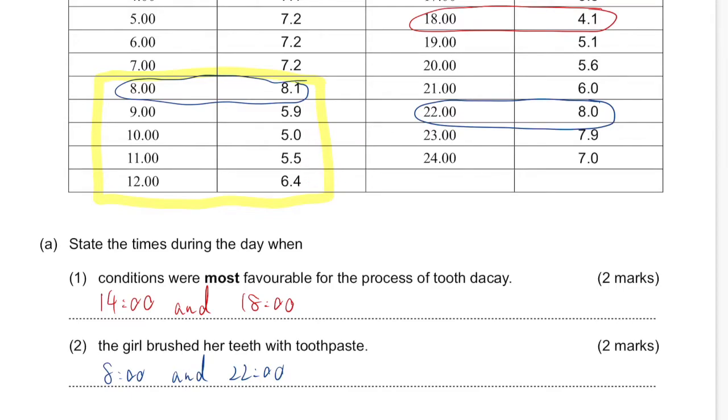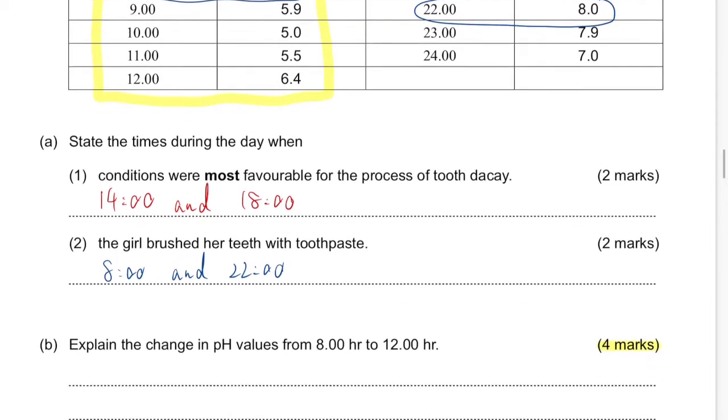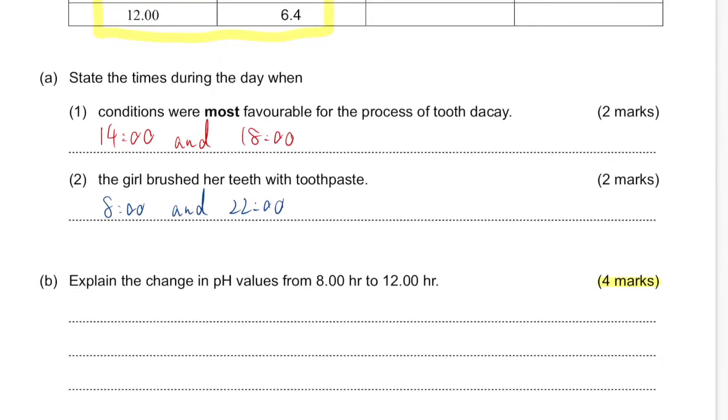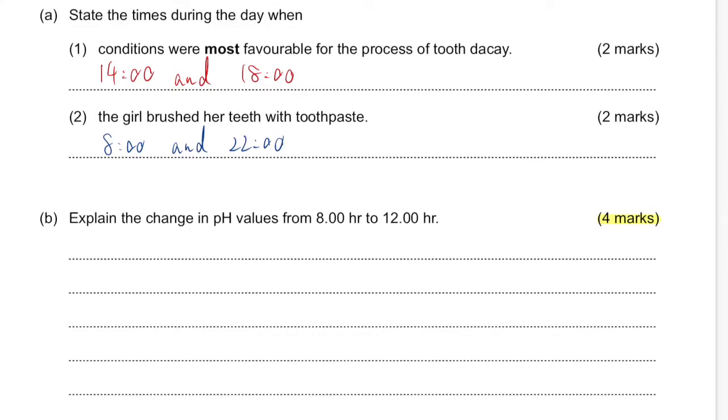Okay, so let's focus on the first part. Okay, so in order to get 4 marks, please label each of your sentence. So first, we need to describe the change.